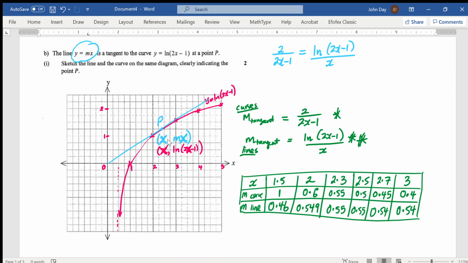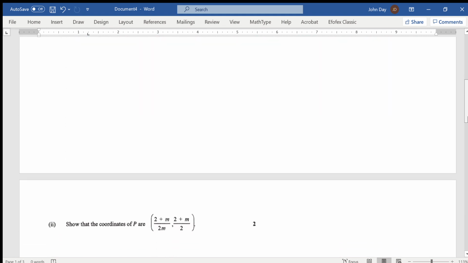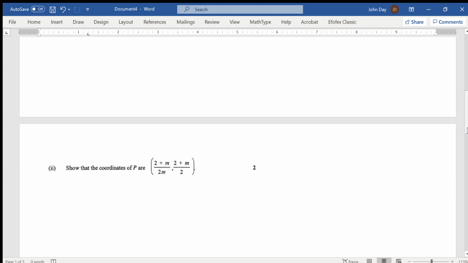And now I'm going to go and have a look at answering this next question down here. The next question is saying, show that the coordinates of P are that. Well, I know that the gradient m is equal to the dy dx on the natural log graph, because that's what the gradient of the curve, the tangent to the curve, is at any point. So that was 2 on 2x minus 1.